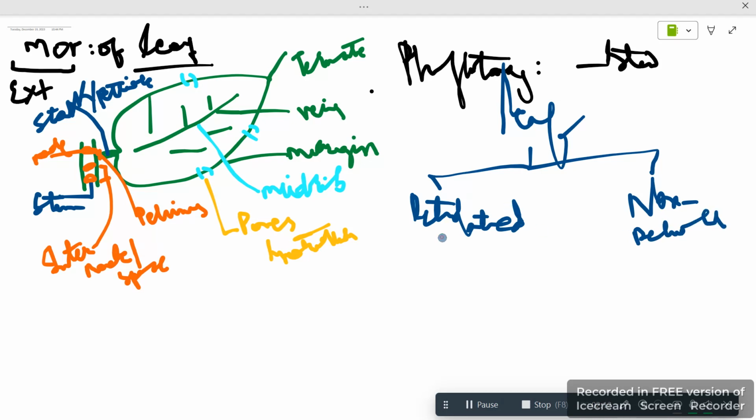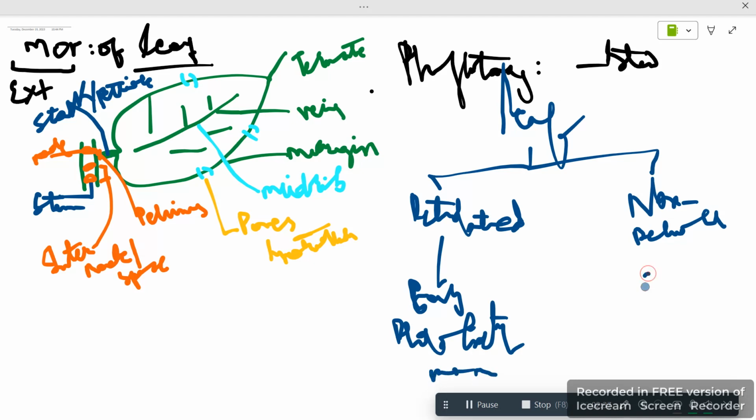So these have early movement, or simply they have movement, motile, and that movement is known as phototactic movement. Phototactic, this is very important in the cell chapter as well. And these are sessile, which means they cannot move. Sessile leaves. Okay.